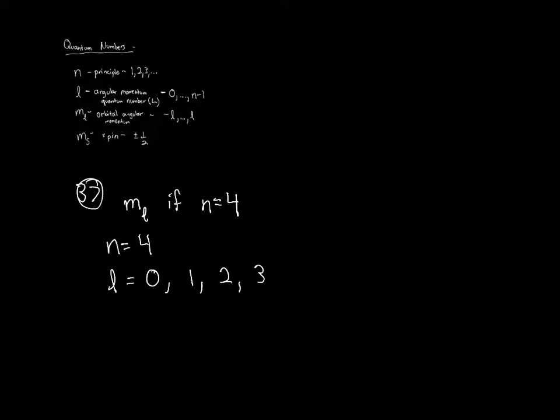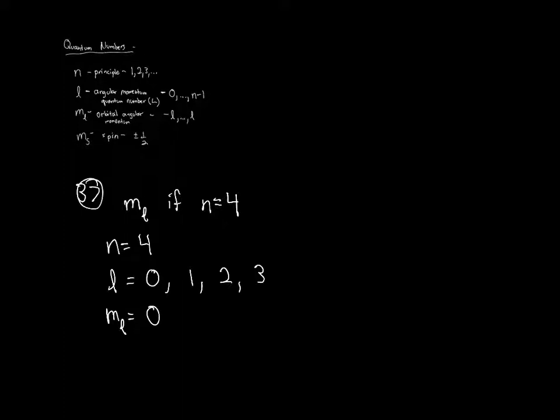And then underneath this, I can write all the m sub l's, which depend on my l's. Each one of these columns is going to have multiple m sub l's that you could have. m sub l goes from negative l all the way up to l in increments of 1. If l equals 0, I go from negative 0 to 0. That's just 0.